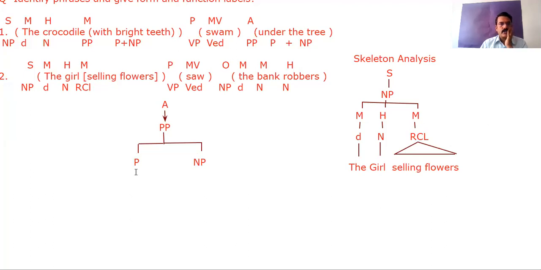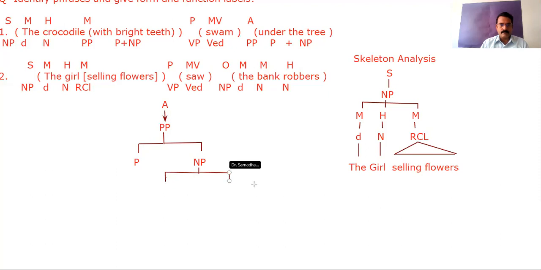So preposition we have to write at the bottom. Let us see what are the elements which are there in NP. The tree is an NP. Under is the preposition which we have removed, and now what is remaining in NP is the and tree. Two elements are there. So the is determiner, pre-modifier, and tree is head, noun. So here also we need to draw two branches, one for pre-modifier and another one for head.